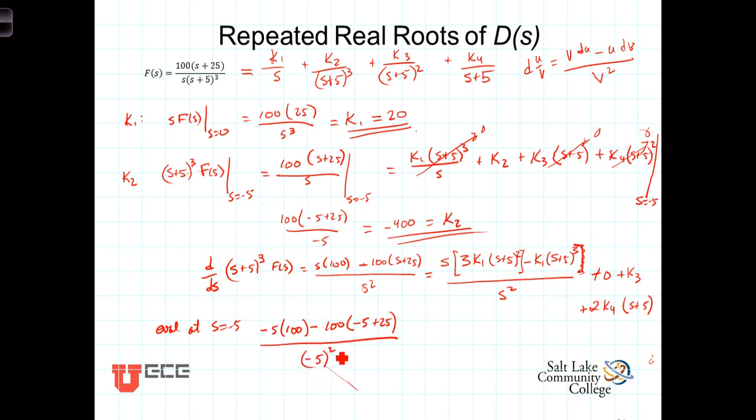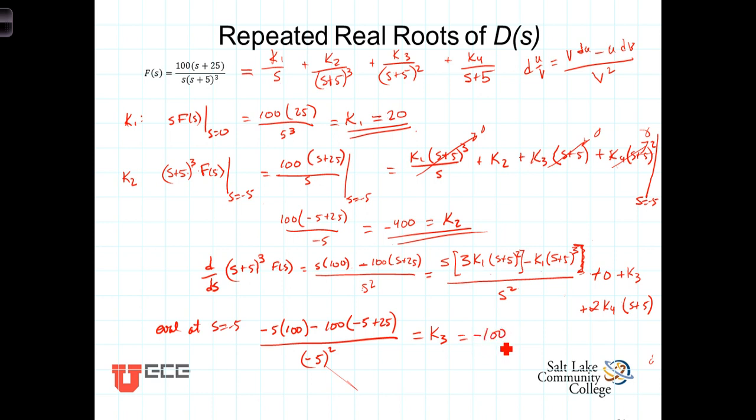Over here on the right side, each of these has an s plus 5 term, which when evaluated at s equals minus 5, drops out. So this term goes to 0. This term is already 0. This term similarly goes to 0 when s equals minus 5, and so we're left with just k3 on this side, and you do the math, and you get that k3 is equal to negative 100.